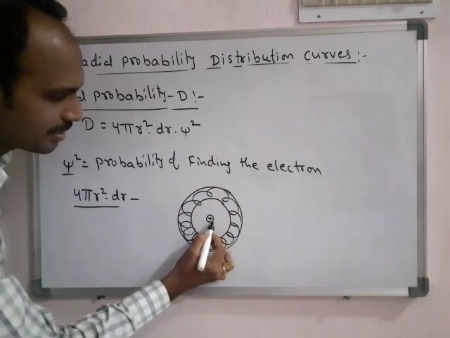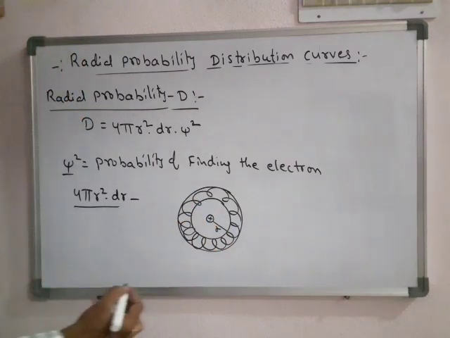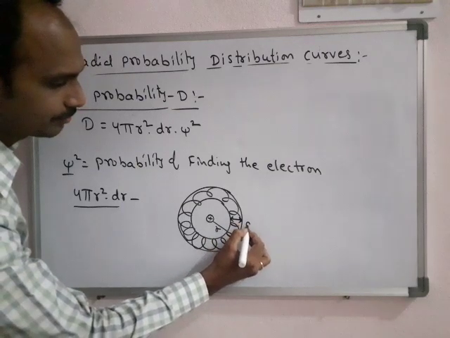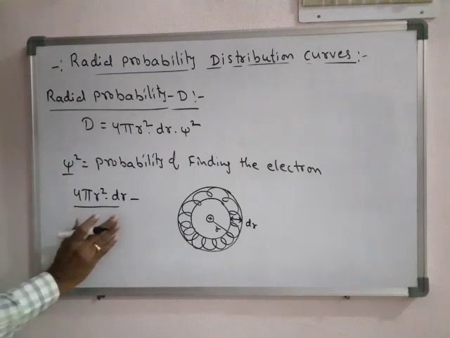How much distance is present for this r? What is the small distance? That is dr. So now the 4 pi r square dr.